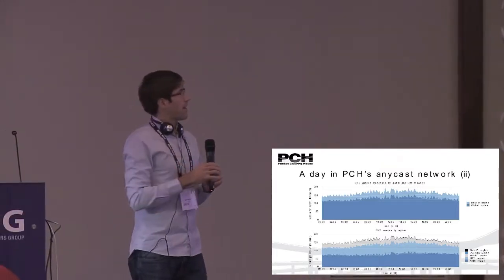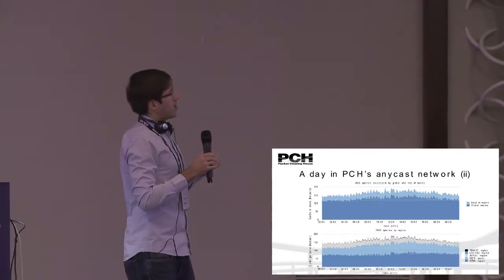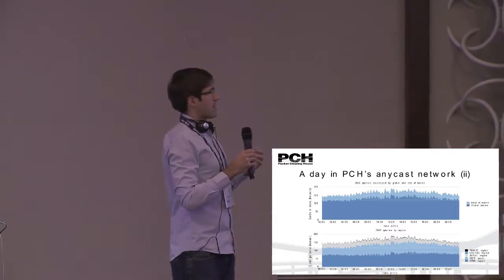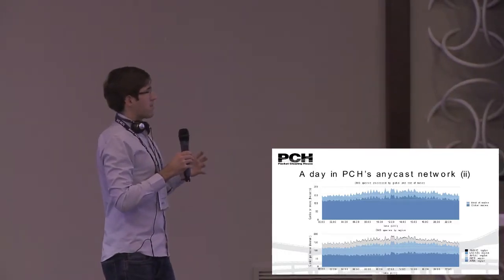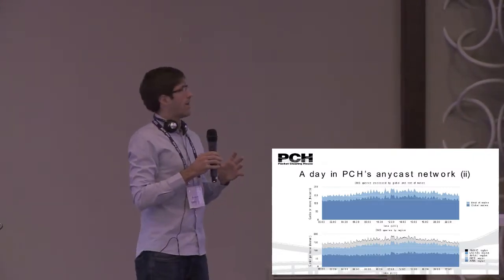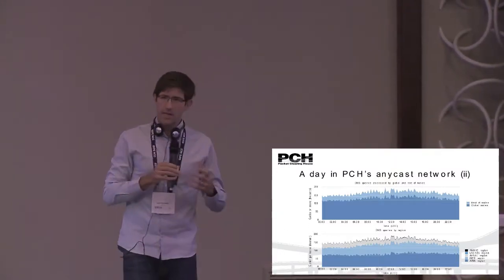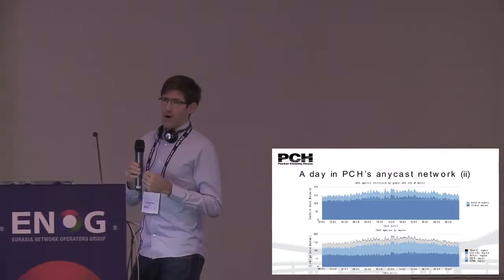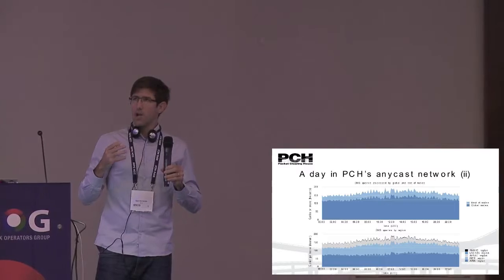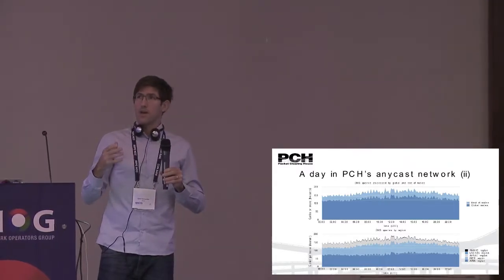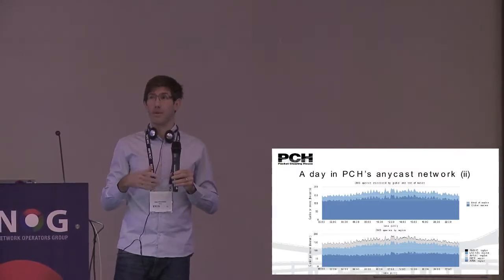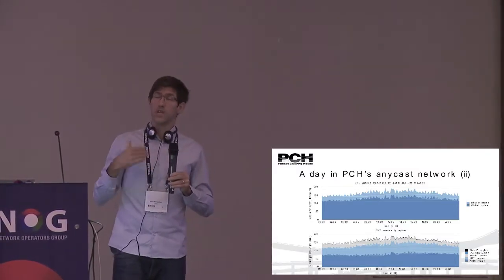So you can see that a large majority of the queries are answered or handled by those global nodes, which are generally sitting at the core of the internet, so in locations where most of the large networks meet and exchange traffic.